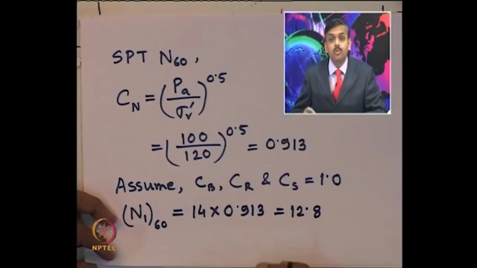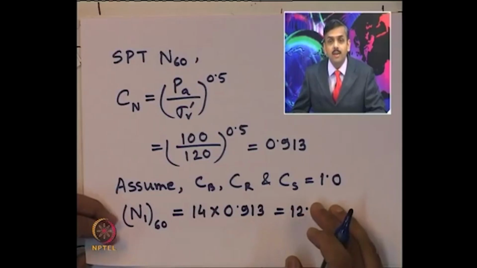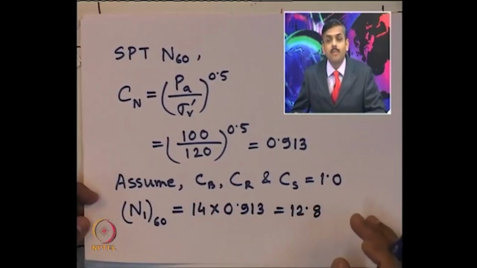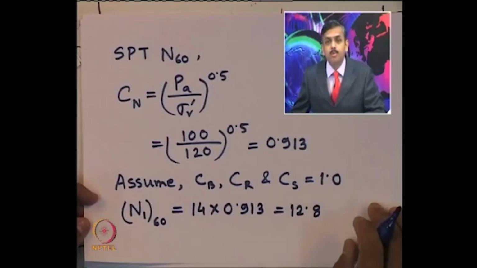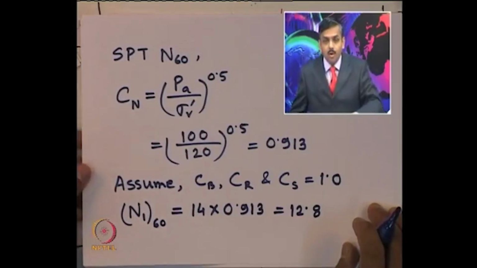Now, we need to do further correction, which requires the percent fines correction as proposed in the paper by Yude et al. 2001 for clean sand condition, because we need to convert this corrected N value to equivalent clean sand condition.